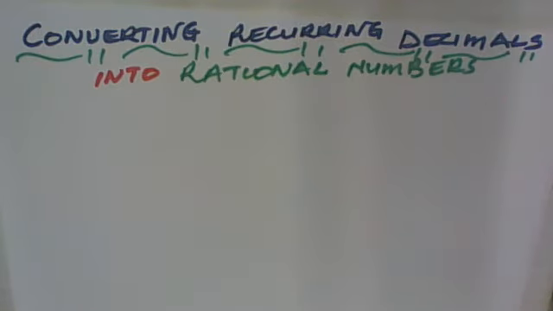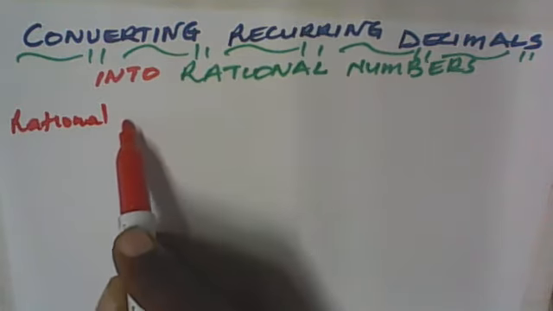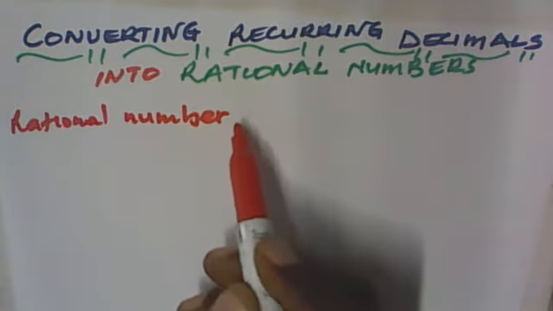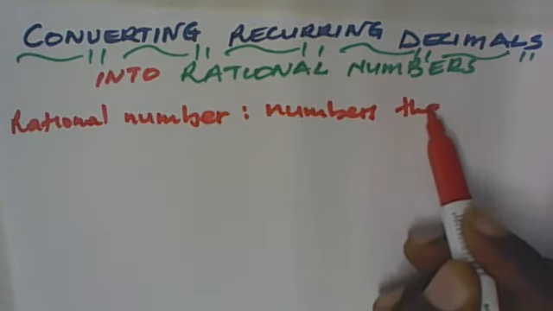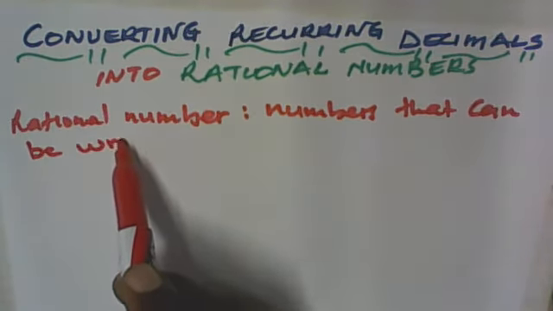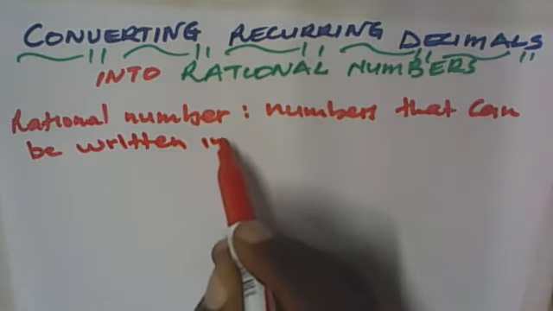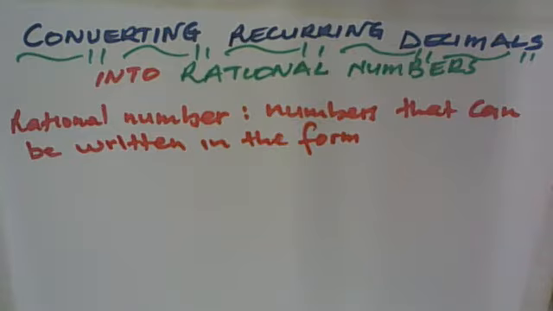Now, rational numbers are numbers that can be written in the form A over B. Now, any number that can be written as a fraction is a rational number.